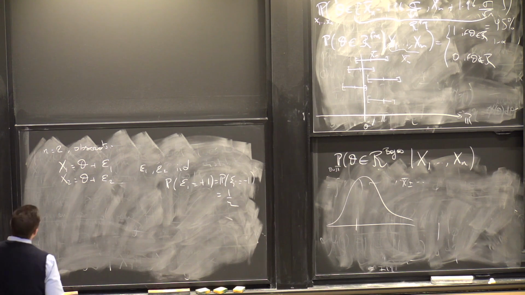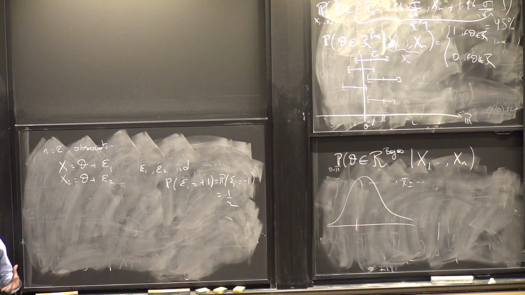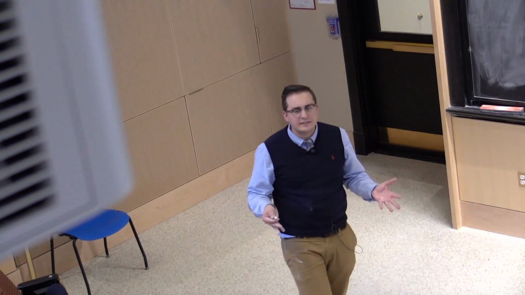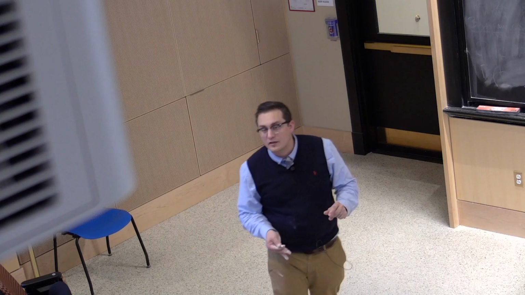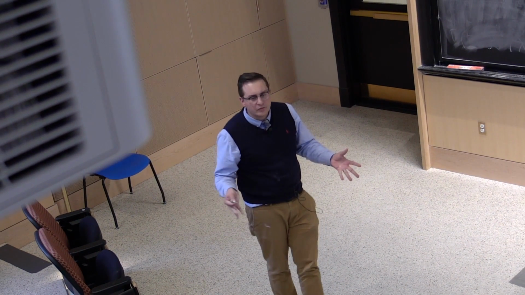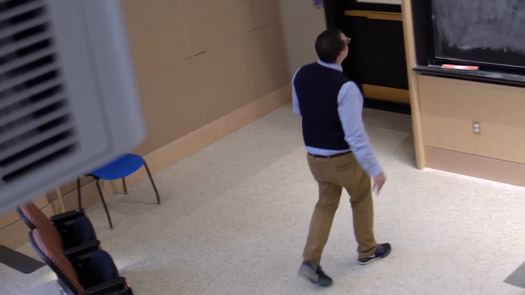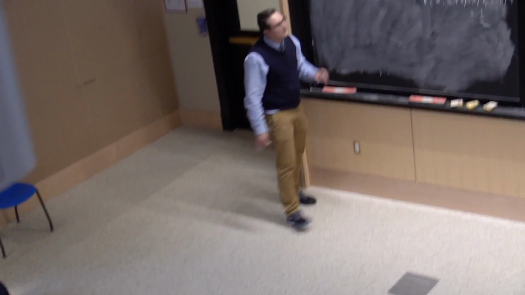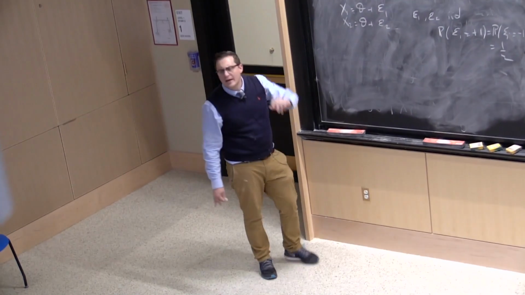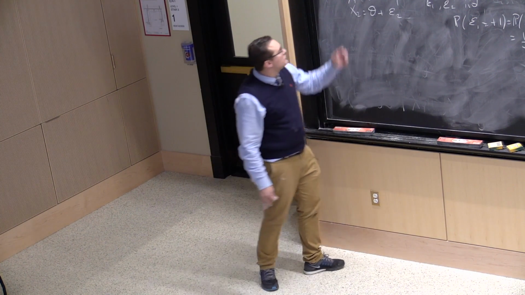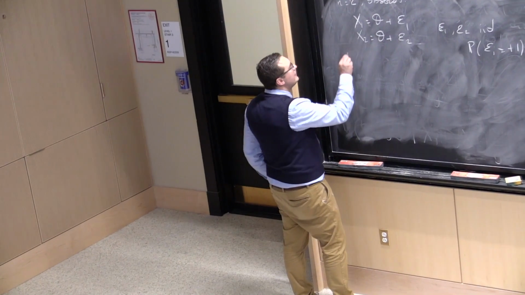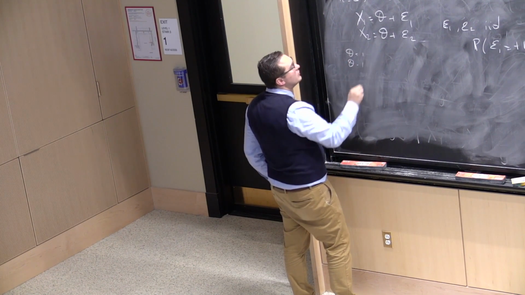Now, you're trying to do some inference on theta, based only on x1 and x2. So I'm going to build a confidence interval, but let's start by thinking about how I would find an estimator for those two things. Well, what values am I going to be getting? I'm going to get either theta plus 1 or theta minus 1.